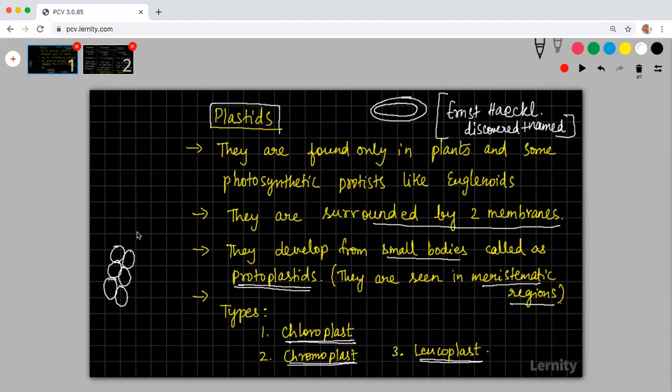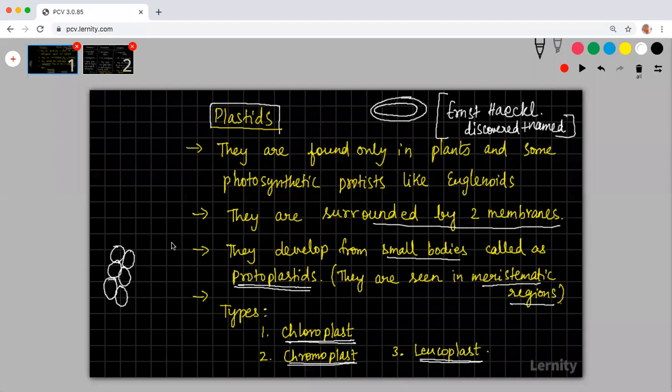Sir, will we study modification of cell membrane in this chapter? Already we are learning too much compared to your CBSE textbook, so we will not be studying those things. Amyloplast, I'll tell you, Maria, just wait for some time. Is euglena also a plastid?